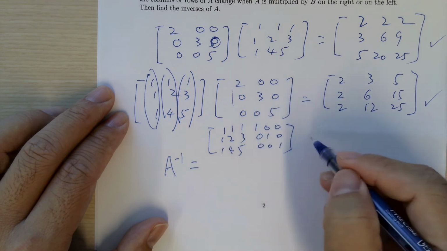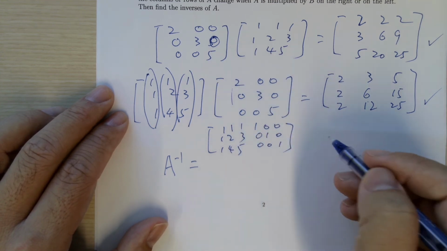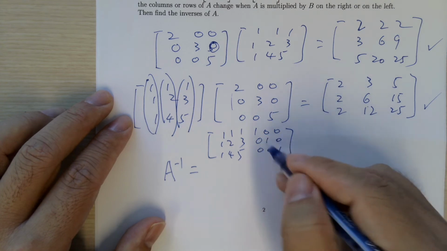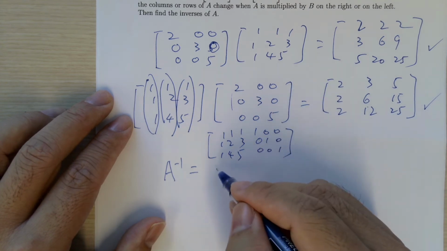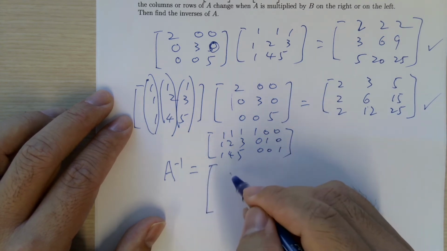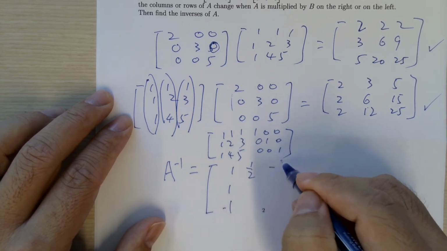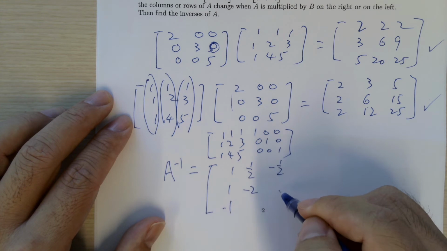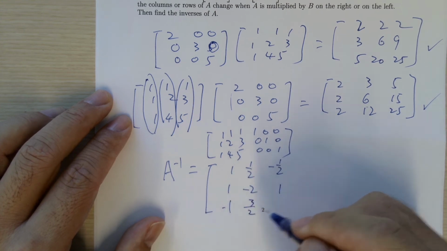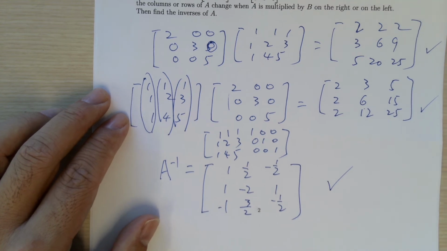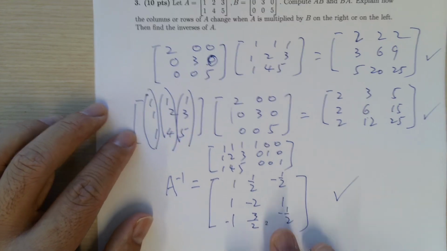And then as long as you can transform this part into an identity matrix, then this side is going to be the inverse. So you can check the work. Okay, so that's the inverse. I'm not going to calculate it. You can do it by yourself.